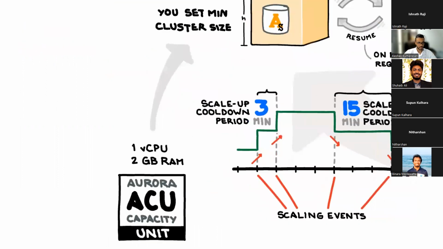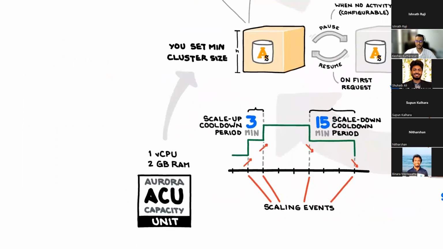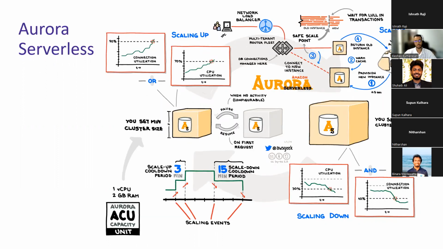As you can see here, they use something called the Aurora Capacity Unit, which basically means how much CPU and how much RAM you want to allocate. It doesn't mean you're actually spinning up a server here. You're just saying, I want this much RAM in general. But if something happens, it will automatically scale up and scale down as well. So it has the capacity to do that.